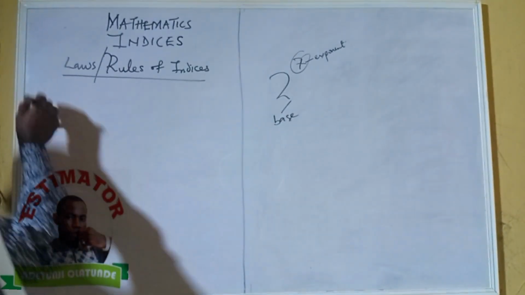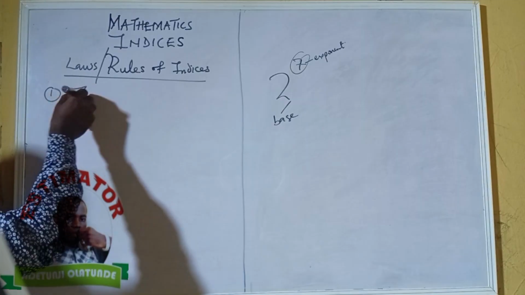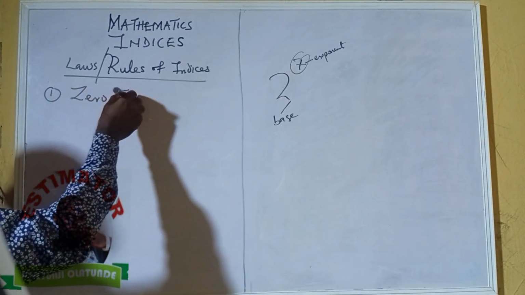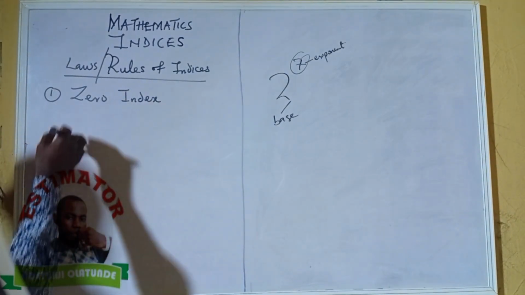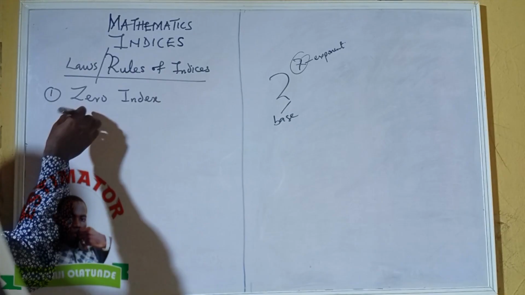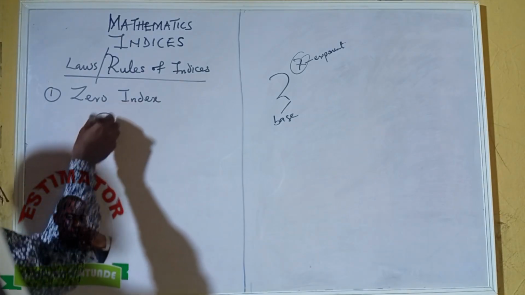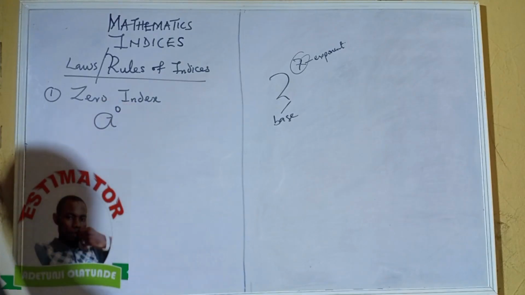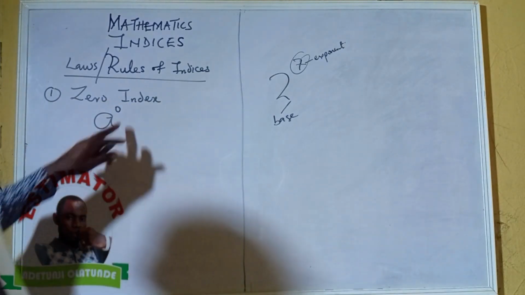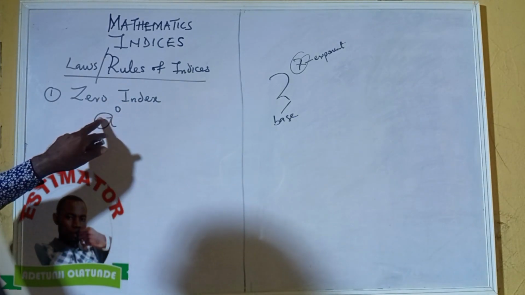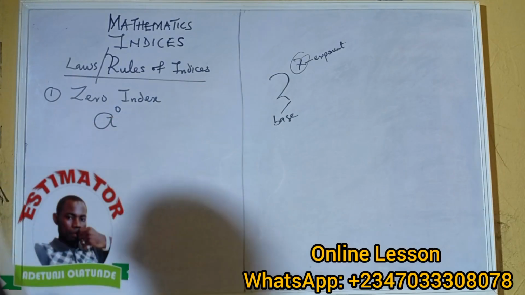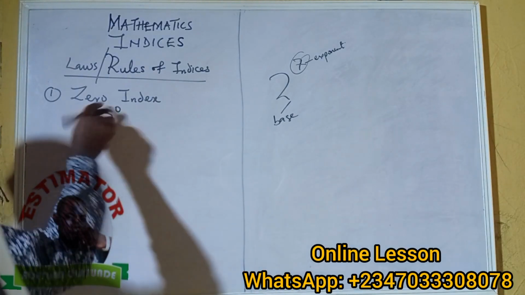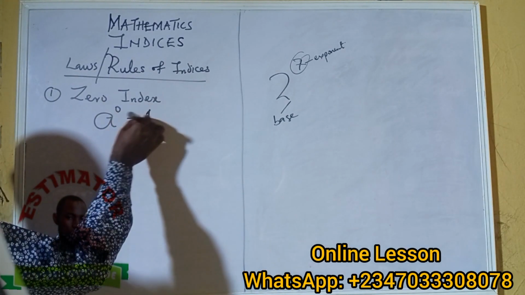The number 1 law, I call it zero index. When I say zero index, what am I talking about? Take an instance: if I have a exponential 0, where you have a base number carrying 0 as its power, in that situation that is what I call zero index, and the answer is 1.